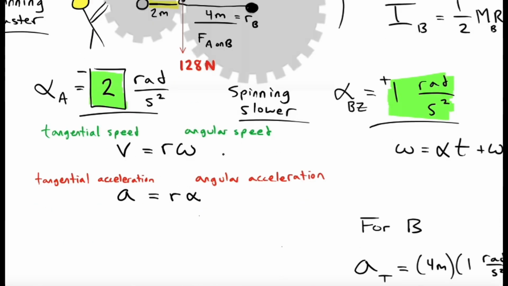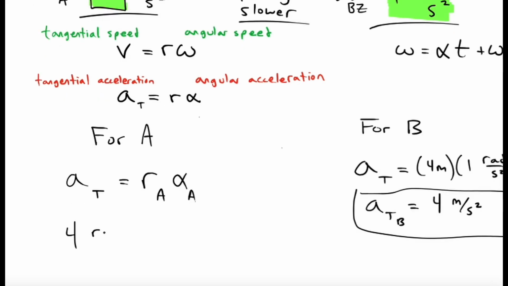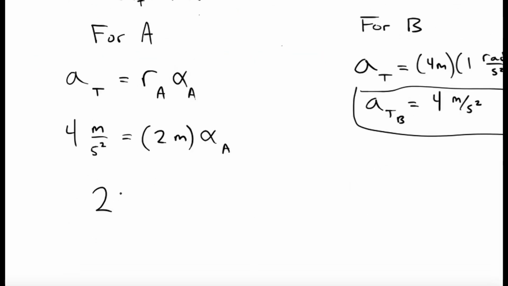So with that in mind, I could use this formula to solve for the alpha of A. Plug in the 4. Put in the radius of gear A. And then solve.